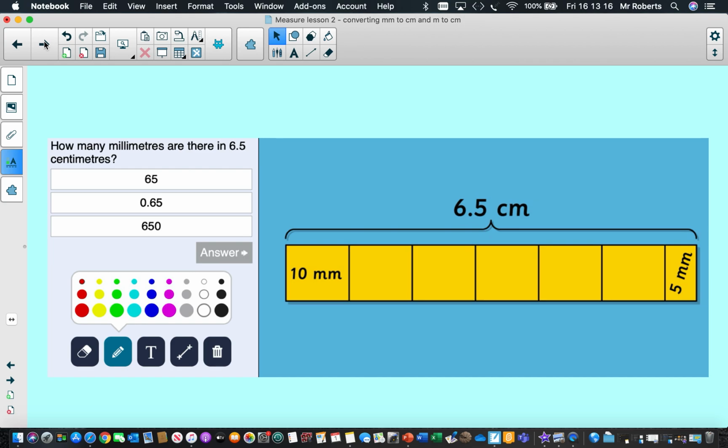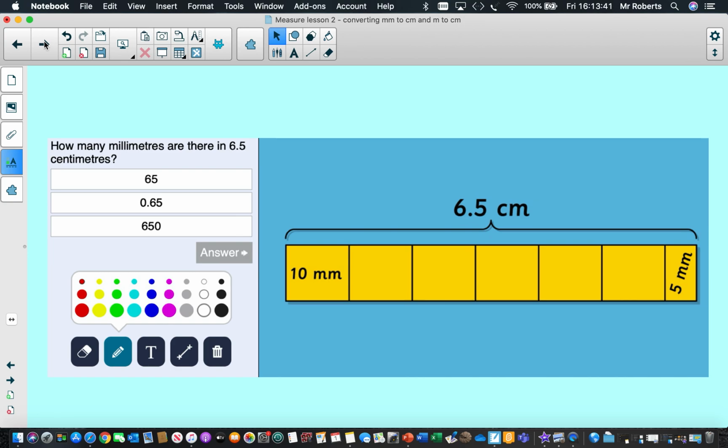Now this next question gets a little bit more complicated because this time we have 6.5 centimetres. It's asking us how many millimetres there are in 6.5 centimetres. If you look at the answers that we've got, we've got 65, 0.65 and 650.